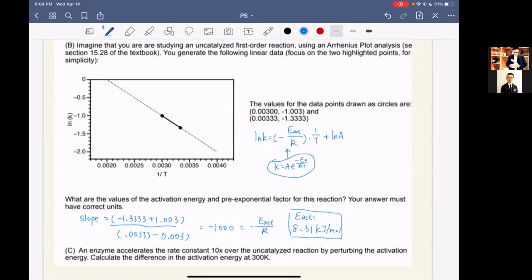The same goes for the pre-exponential factor. You just need to plug in these 2 data points.